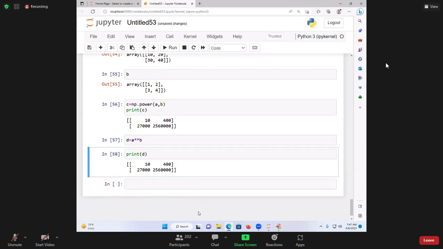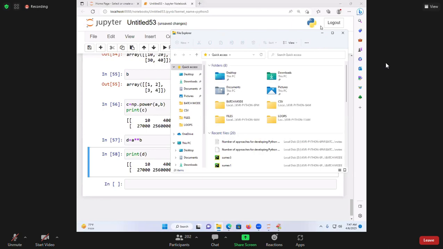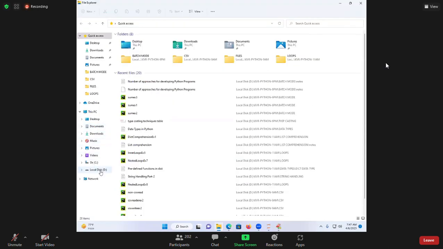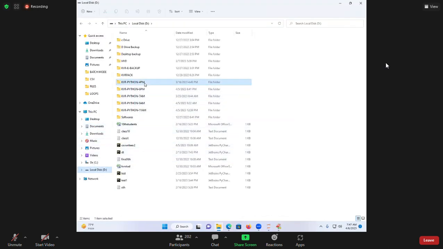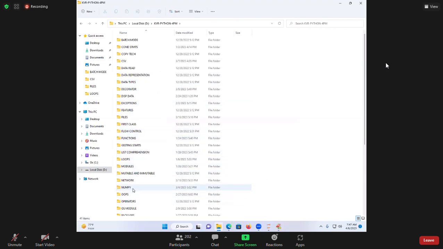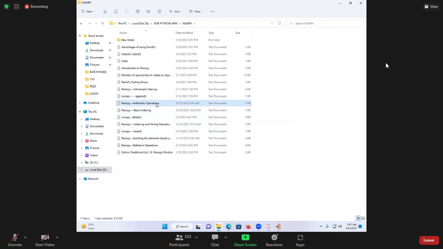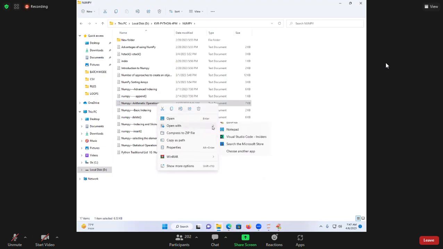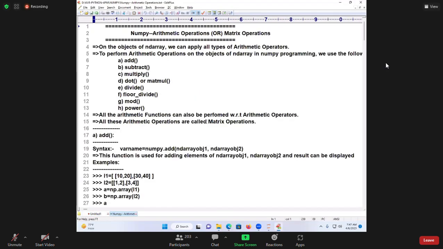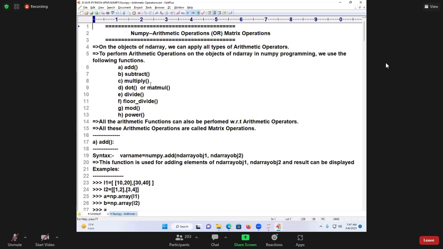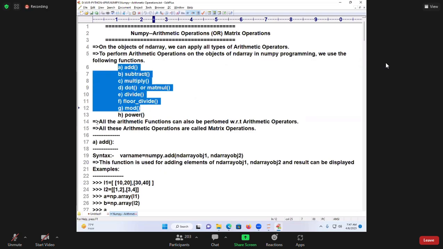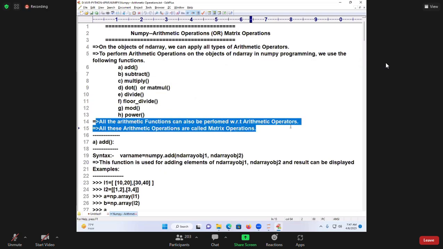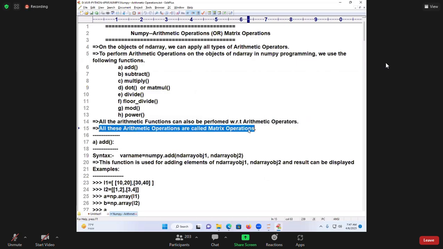This type of description is already there in our notes, which I'm going to upload with a spoon feeding explanation for you. If I go to NumPy here, the arithmetic operations are available. All the arithmetic operations can also be performed with arithmetic operators. All these operations are called matrix operations.